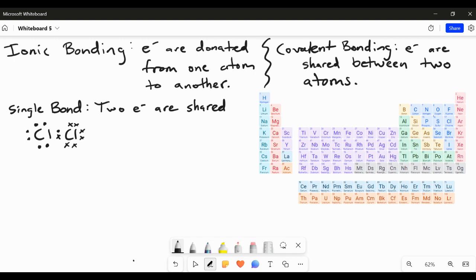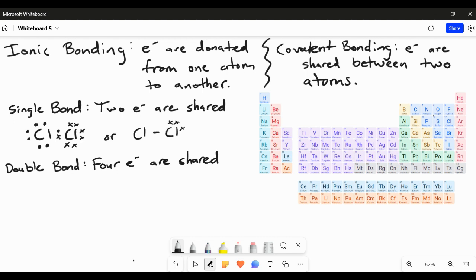There are double bonds. That's when 4 electrons are shared. And actually, I'll draw the other version also. So an example of a double bond would be something like when oxygen binds to another oxygen.